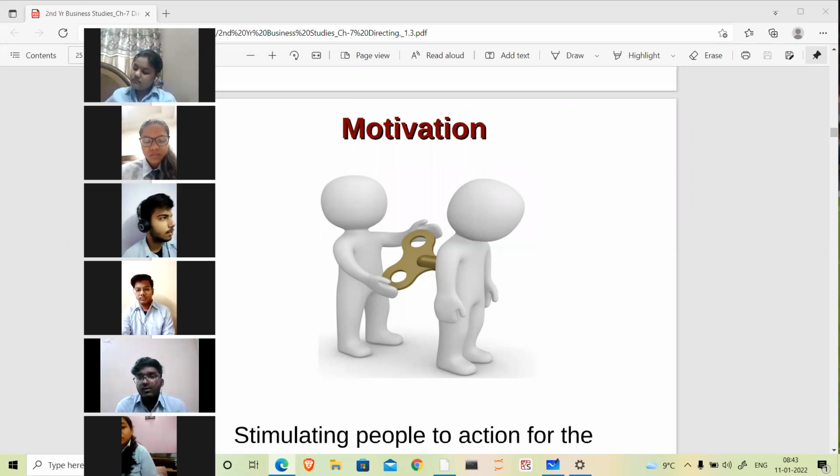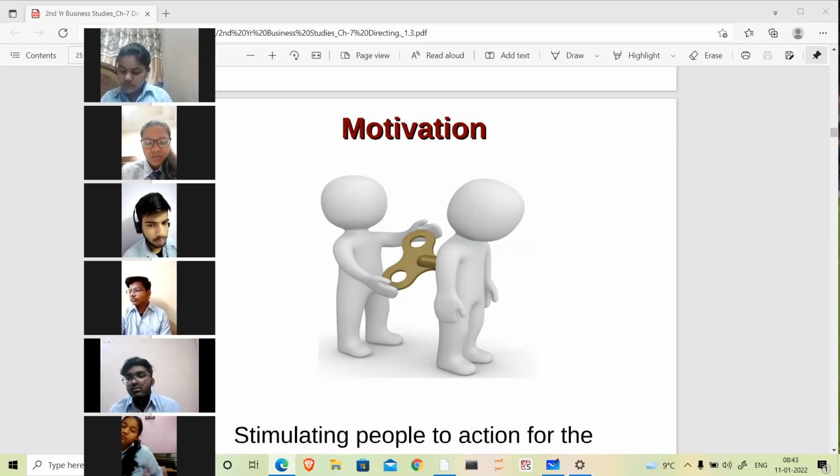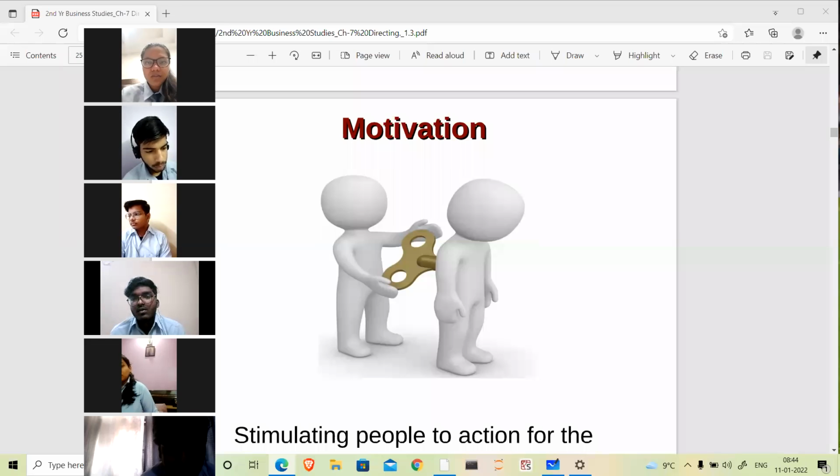Yes. So if a manager is working and giving his 100% efforts, and the other manager is doing the same task but without his 100% efforts, and both are getting the same salary, as the organization is following the principle of equity, so both are getting the same salary.